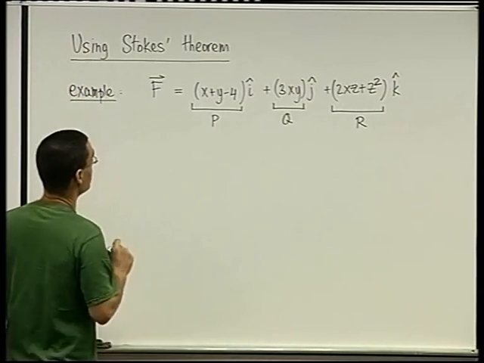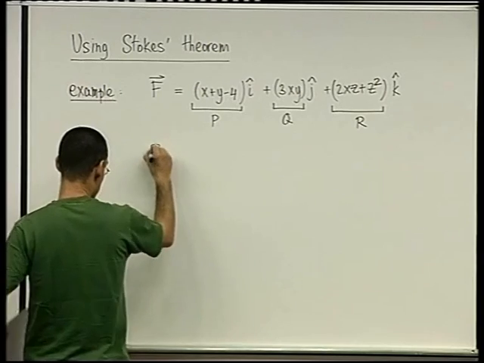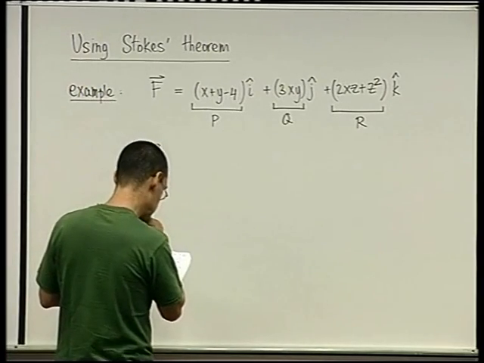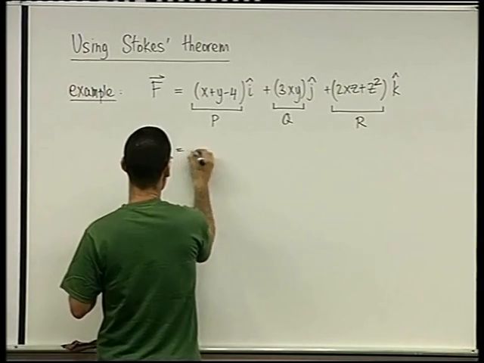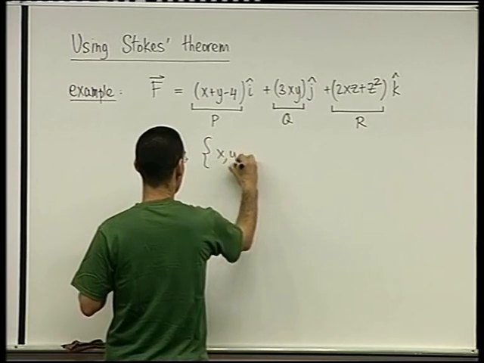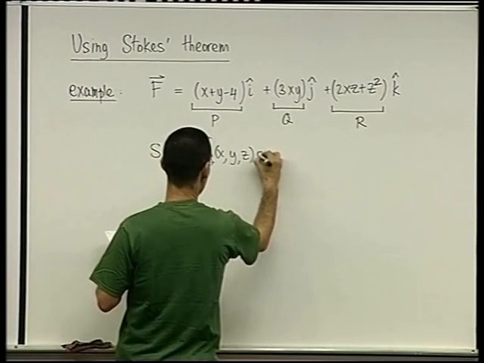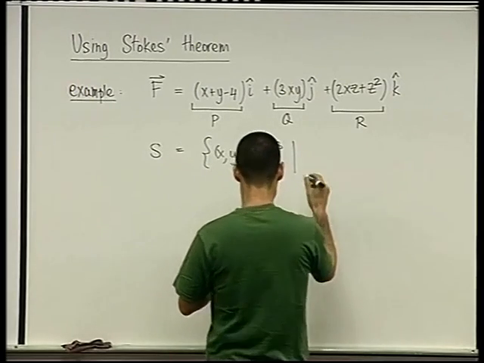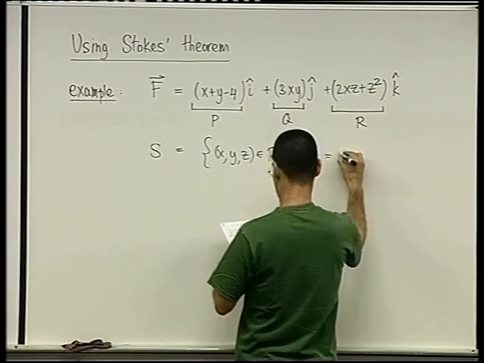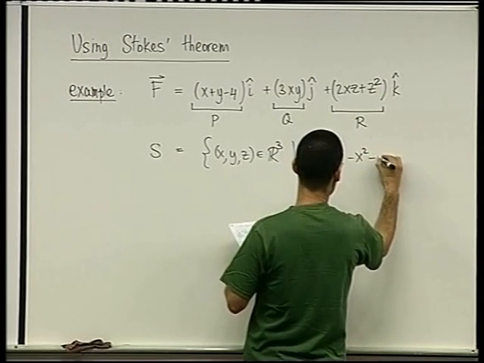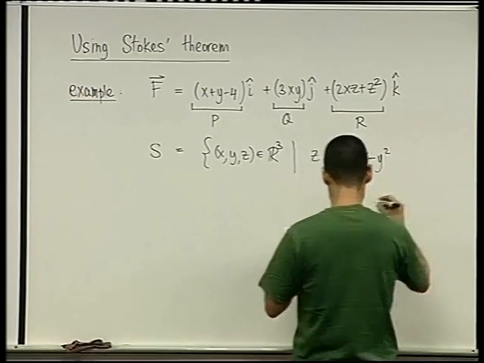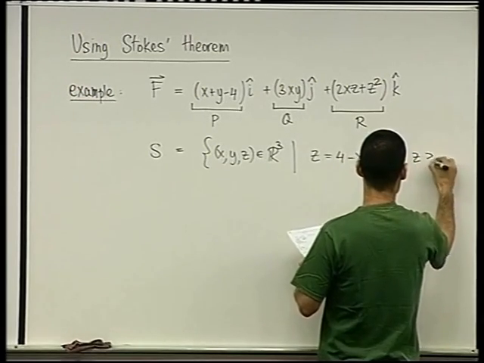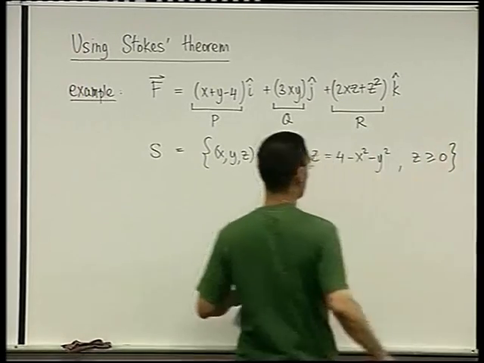Okay, now we need a surface. So S is going to be the surface of all the points x, y, z in R3 that satisfy z equals 4 minus x squared minus y squared, where z is non-negative.